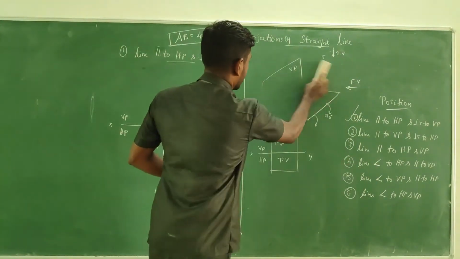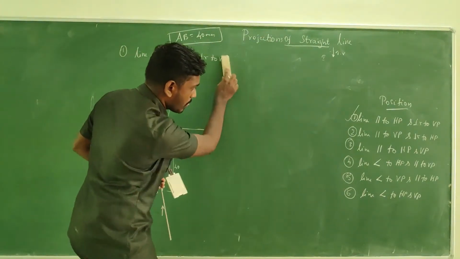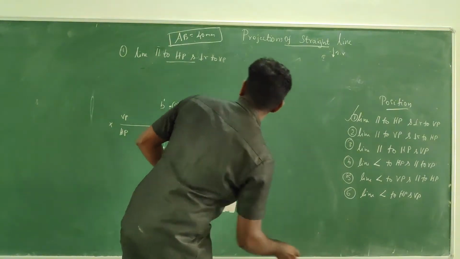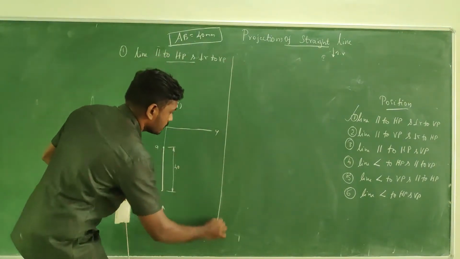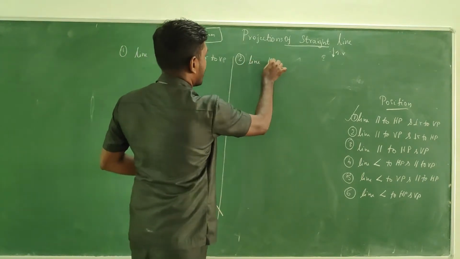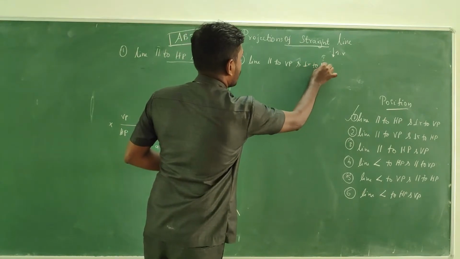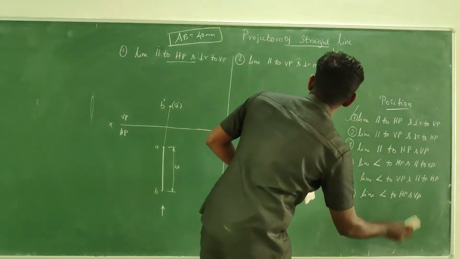condition or second position. Line parallel to VP and perpendicular to HP. Okay.